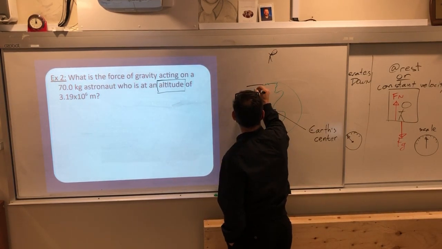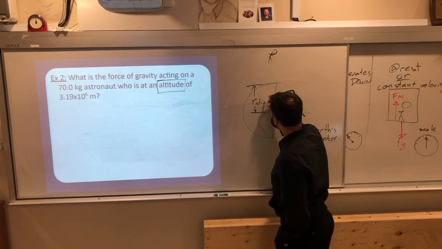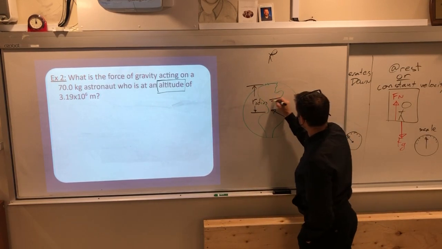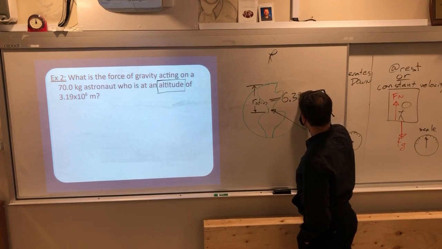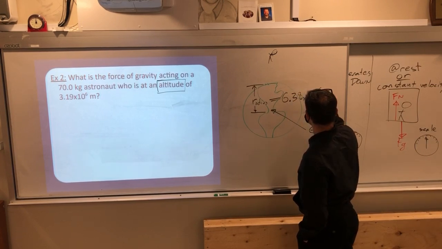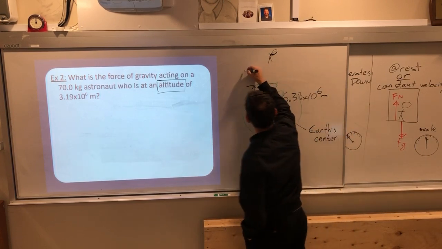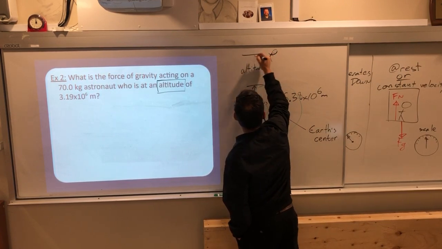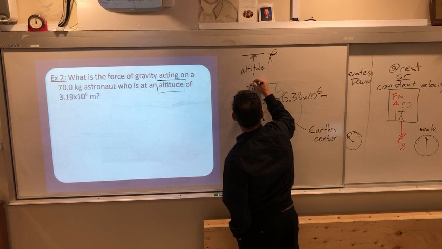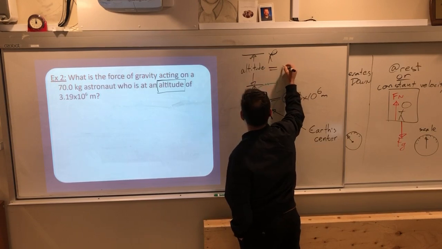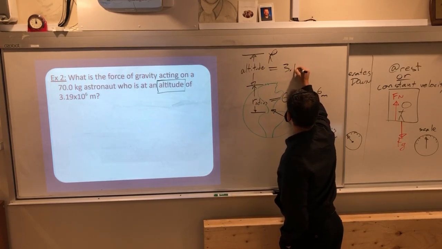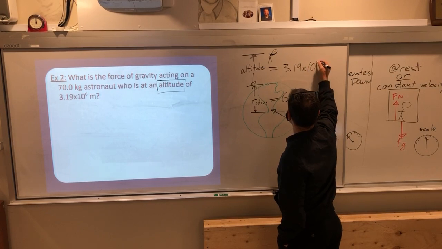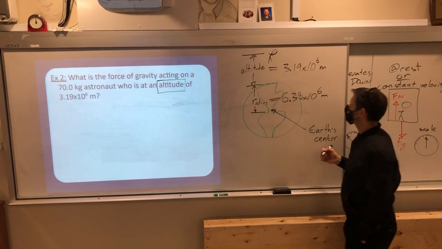Yeah, so this is the radius of Earth, 6.38 times 10 to the 6 meters. And we also need to add that to our altitude, which I said was 3.19 times 10 to the 6 meters.